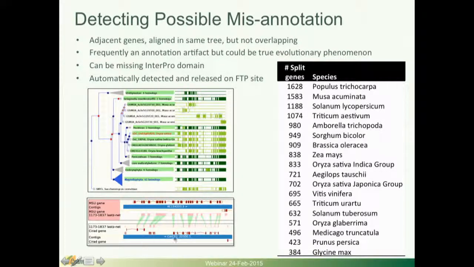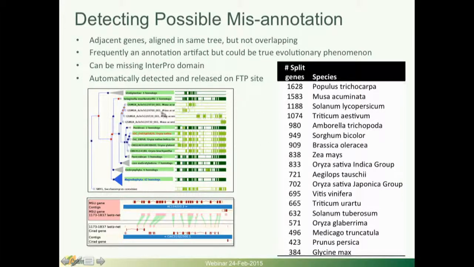And then you can look again at the alignment view, the region comparison view, and you can see these are the 4 genes here in banana, and they align nicely to a single gene in rice. So that's further suggesting that these individual exons or these individual genes should actually comprise a single gene.